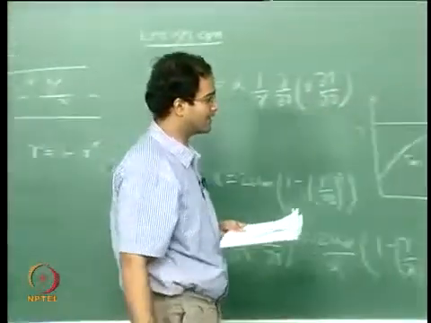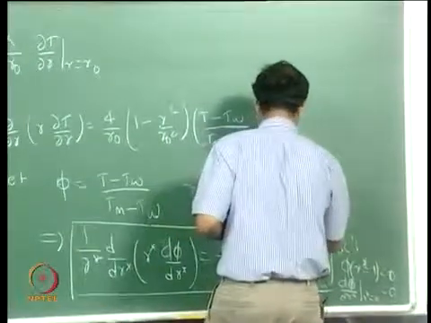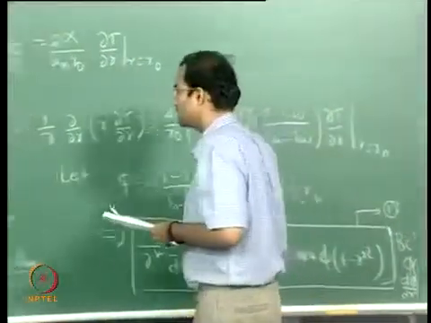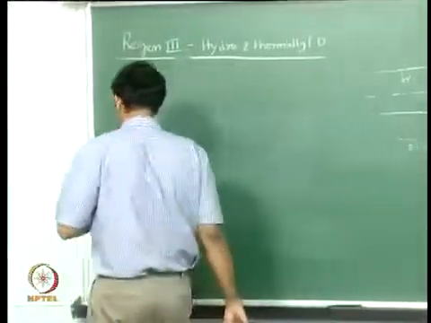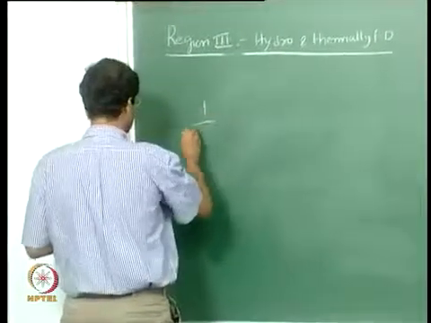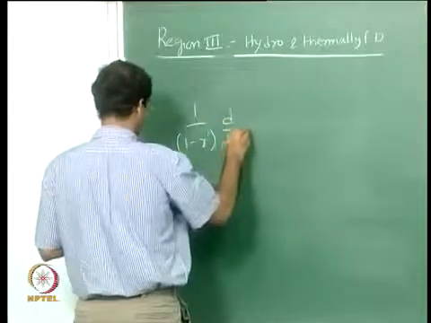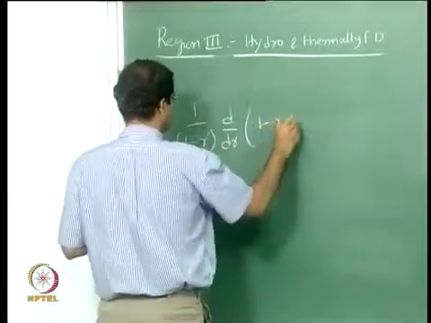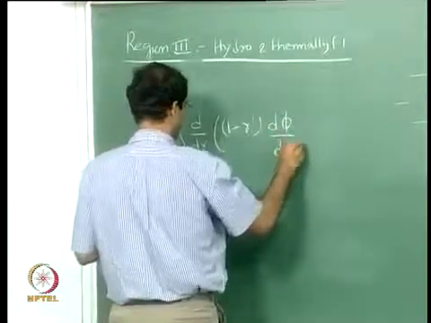Then I can substitute that into, let me call this equation number 1, and I can rewrite in terms of r prime. That will come as 1 minus r prime, d by dr prime, 1 minus r prime d phi by dr prime.